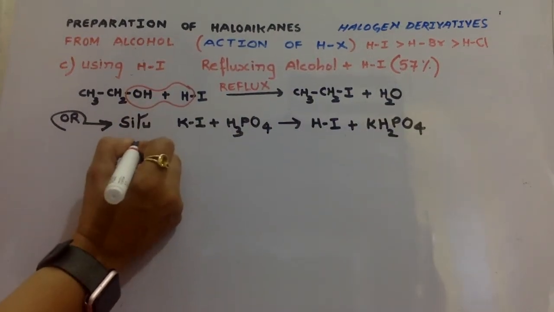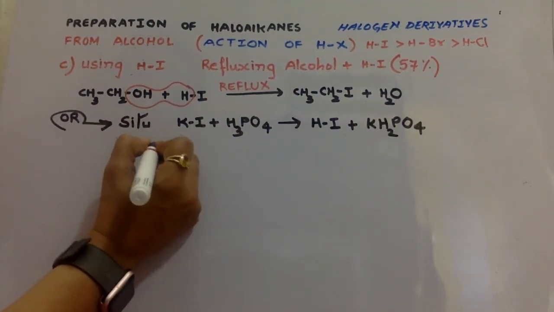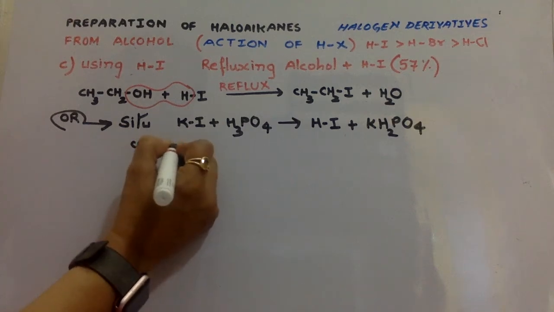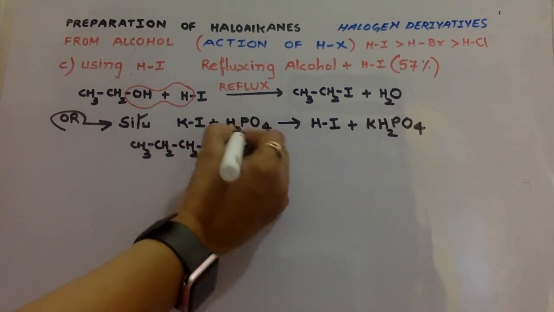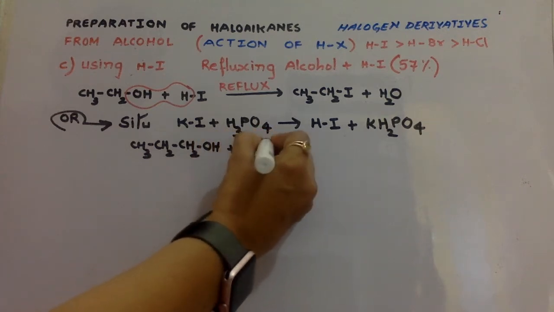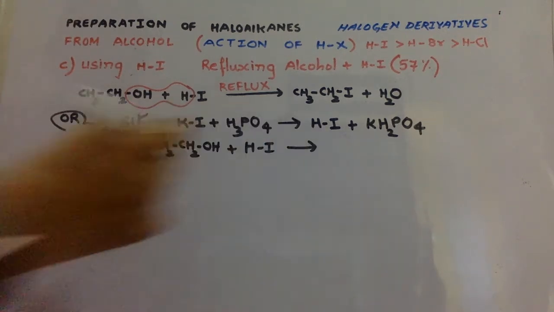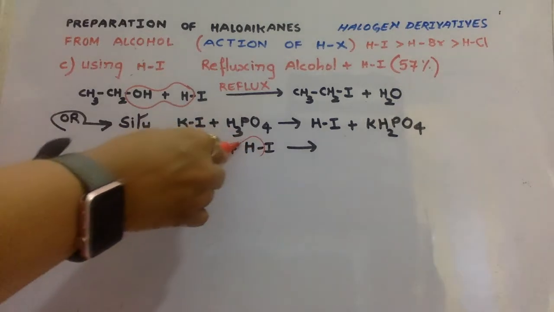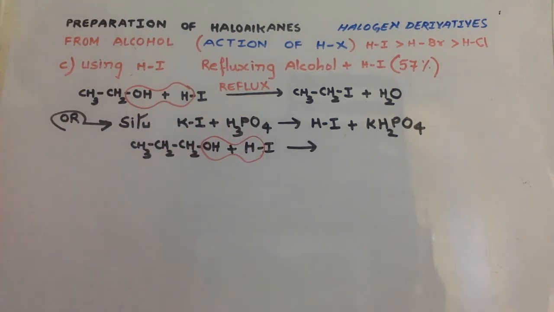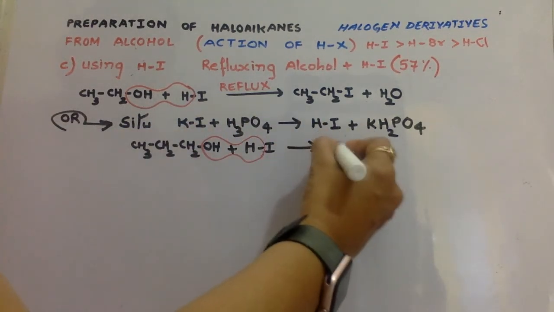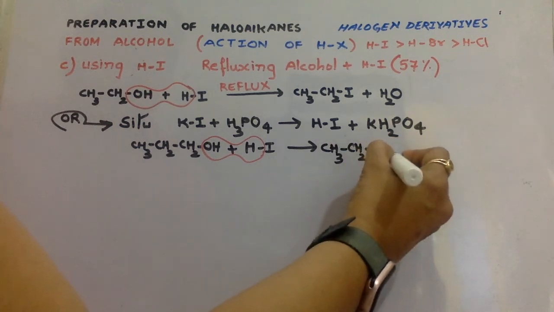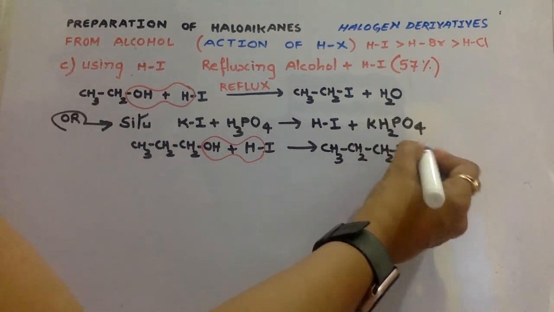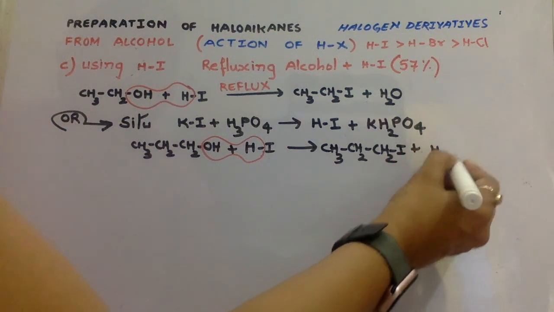This HI can attack a primary alcohol. Propan-1-ol plus HI, HI is freshly prepared in situ. This goes, and I get n-propyl iodide or 1-iodopropane and a molecule of water.